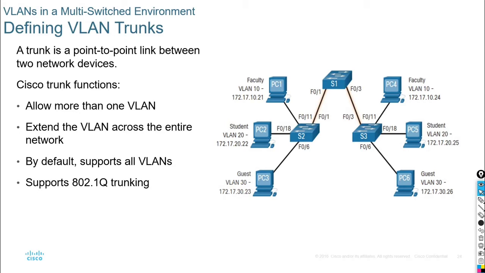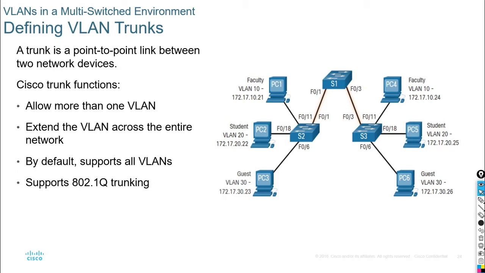By default, it supports all the VLANs, and it also supports 802.1Q trunking. So what actually are VLAN trunks? VLAN trunks allow all VLAN traffic to propagate between the switches. This enables devices connected to different switches but in the same VLAN to communicate without going through a router.